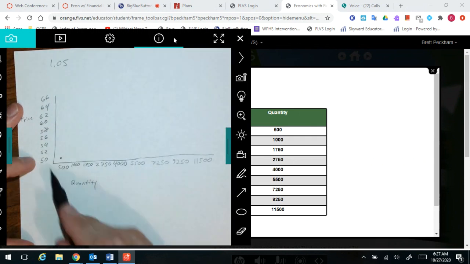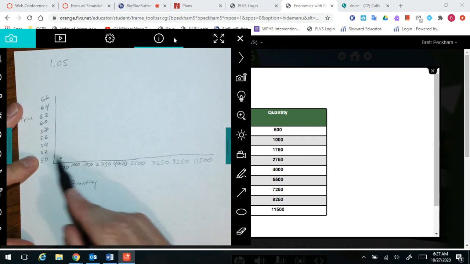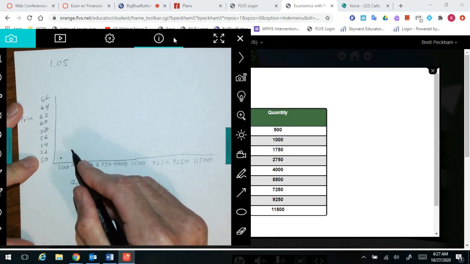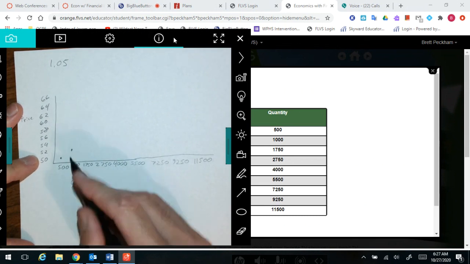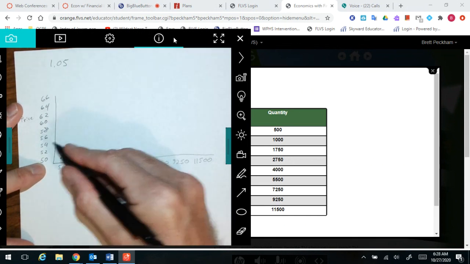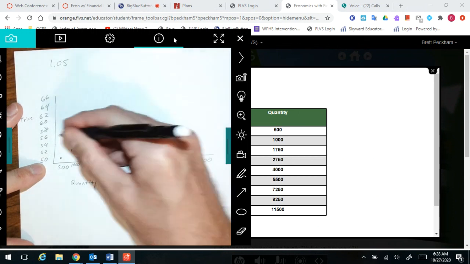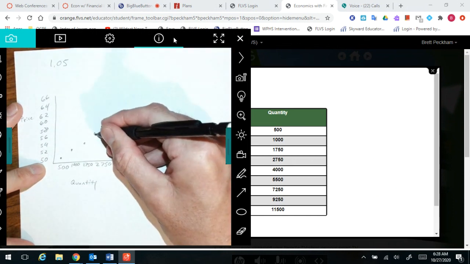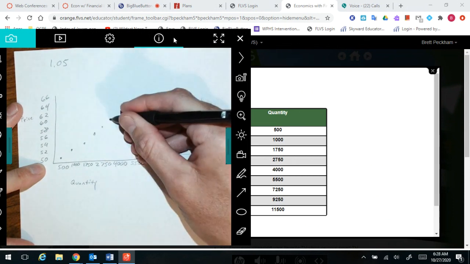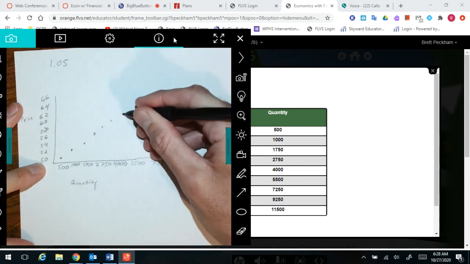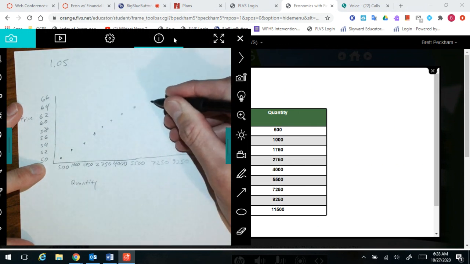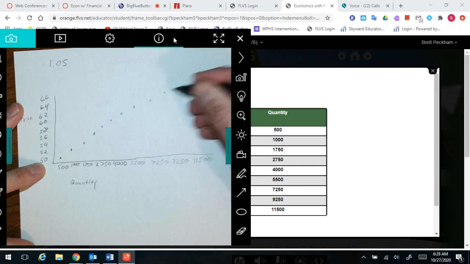If the item is being sold for a higher price, the business is willing to use more of its resources, like labor, metal, oil, whatever, to make that item. So as the item increases in price, you're seeing that the business is willing to produce more and more of it. And because of this, you're seeing that it is upward sloping.